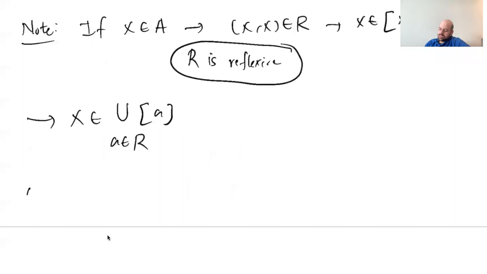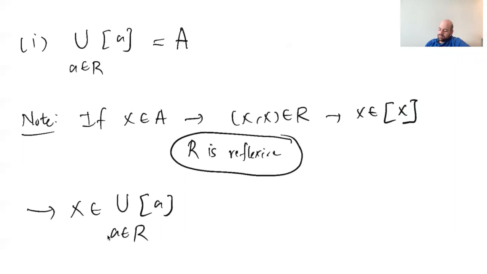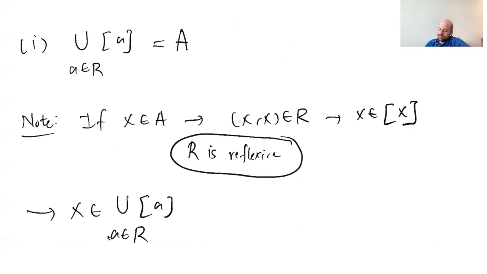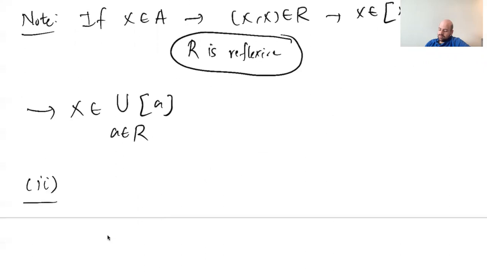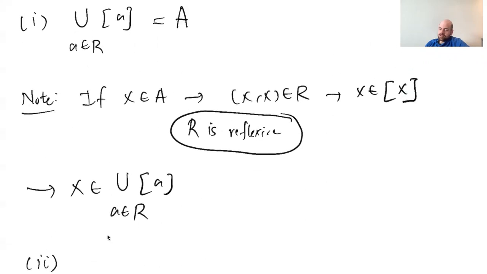And the second condition that we need to show is that the intersection of any two distinct ones is the empty set. Because remember, for a collection of sets to be a partition, I need to show the union of all of them is the whole set, and also any two of them have empty intersection.